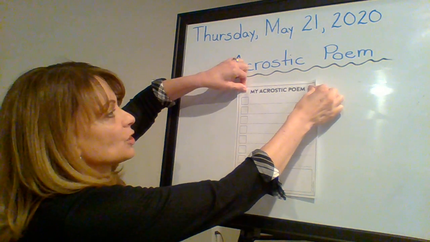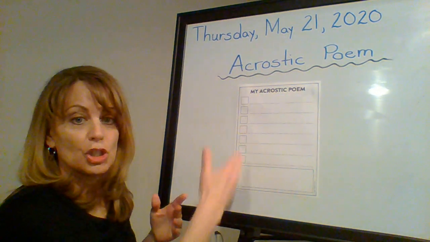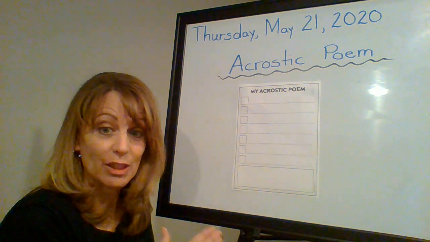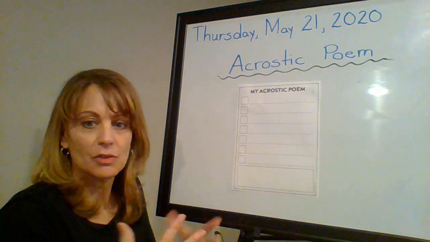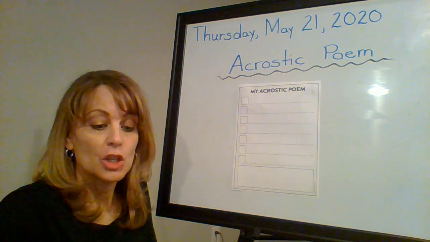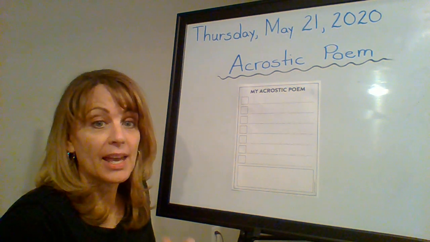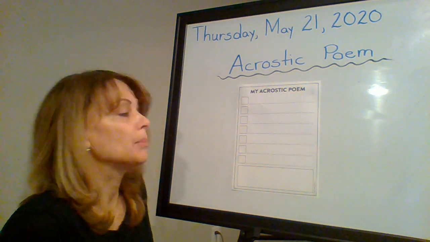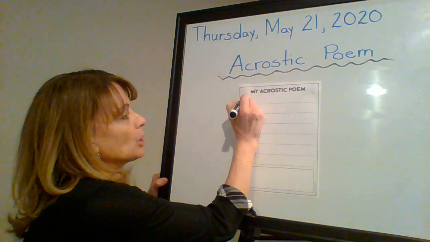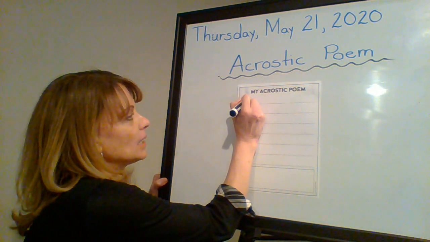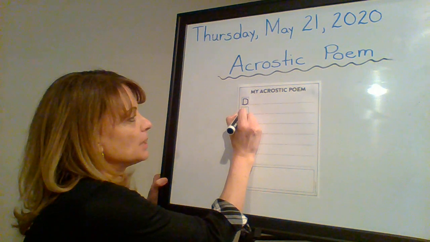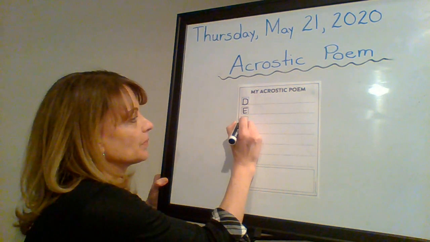If we were in school, I would have had you choose the one that has exactly the right number of boxes for whomever you chose. So I decided that I'm going to do Denali, my dog. So I'm going to write his name. Each letter is going to be in uppercase.